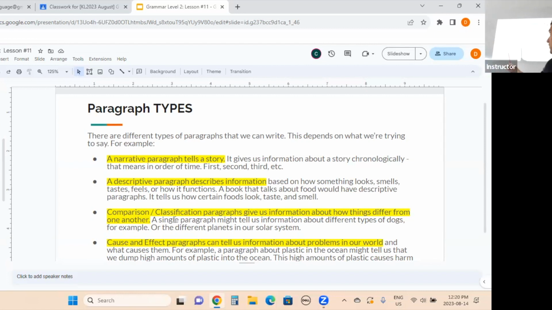Or if you're writing a comparison paragraph, like between dogs and cats, you'll probably have to describe what they are, so you're using descriptive paragraph parts. All these types can overlap each other. They're not completely separate.